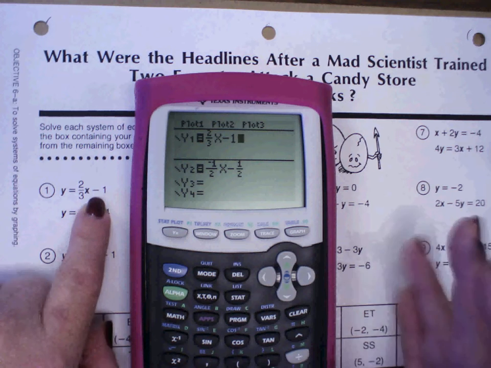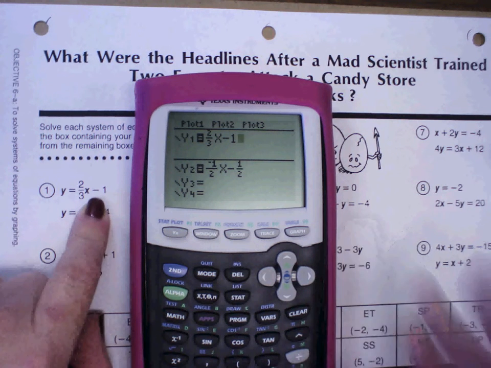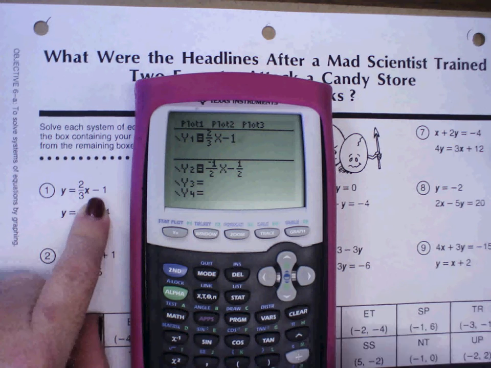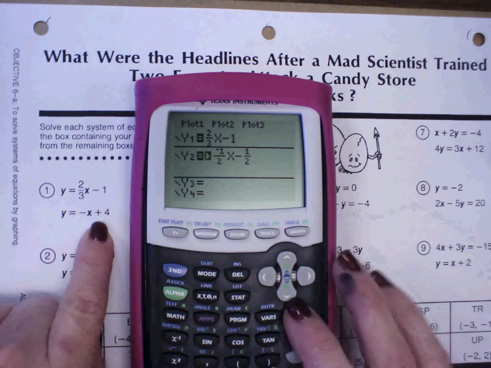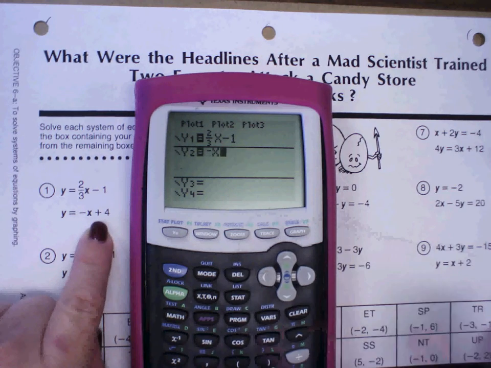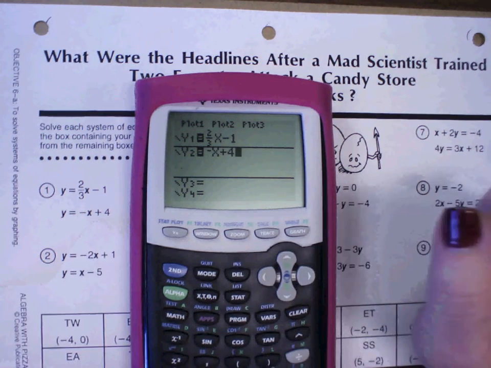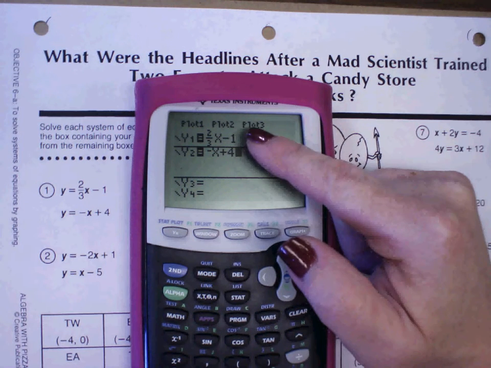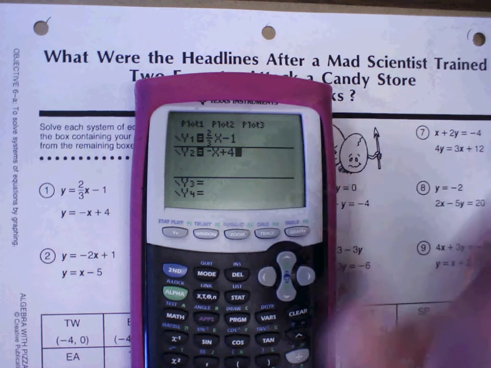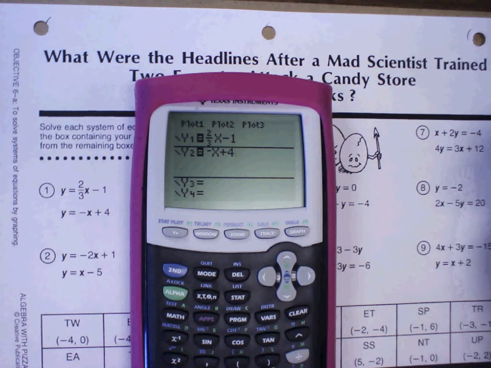Now, this one, I am going to clear it because it's just a lot easier to say negative x plus 4. Now, take a look at your y-intercepts. Are they bigger than positive 10 or negative 10? No, so I can go straight to the calculate, right? So second, trace, and intersect, which is 5. And then enter how many times?